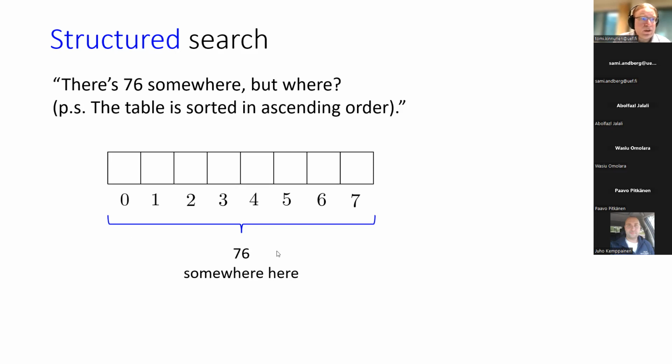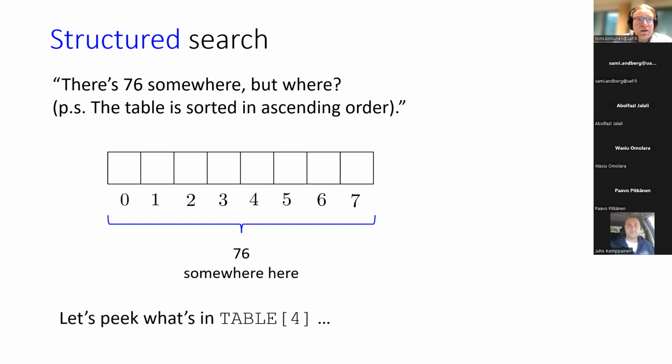We know that there is an entry named 76 somewhere in this table, and the further information we have is that this table is sorted according to the values stored in it. Everyone knows how to do sorting, like quick sort or bubble sort or whatever you may want to use, to create that kind of ordering for the table.